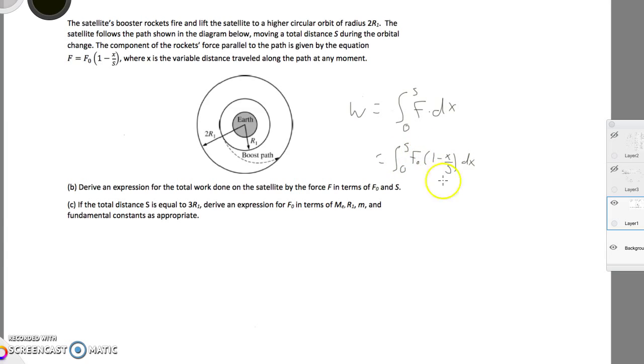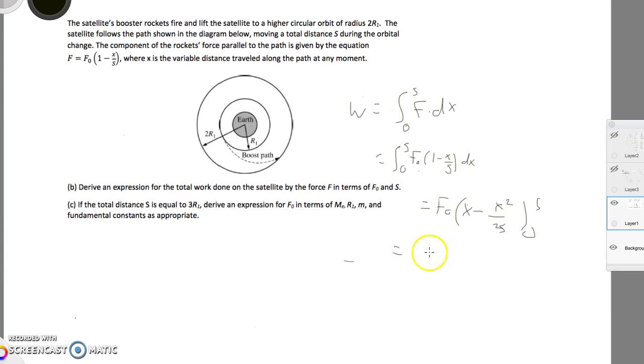Okay, so we can pull out F naught, and then to integrate this, the 1 is just going to go to x, and for the negative x over s, we're going to increase the exponent to 2. We have to divide by 2, so it becomes x squared over 2s. Okay, and we're going to evaluate from 0 to s.